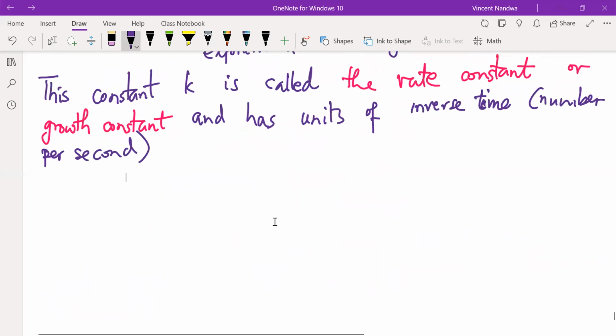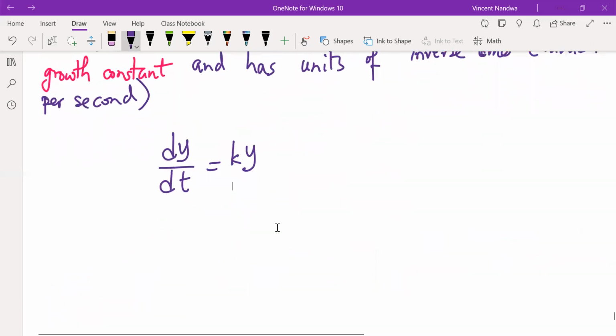So a reason as to why we are calling this, with the value of k positive and negative, either exponential growth or exponential decay, is because with this differential equation we can solve this one.